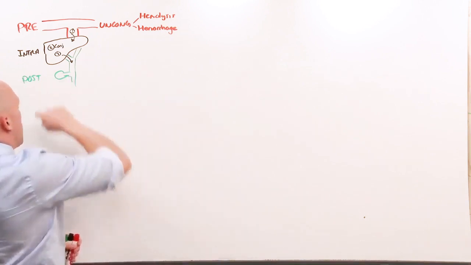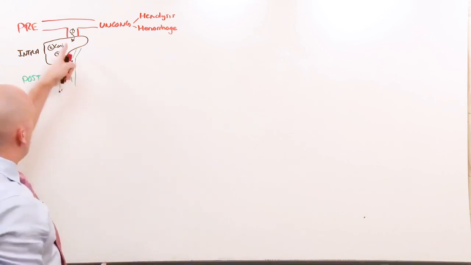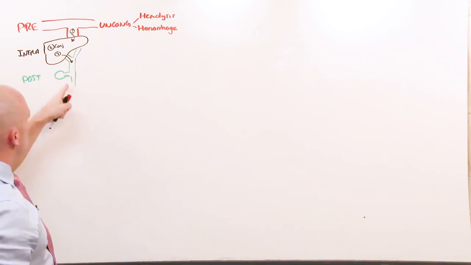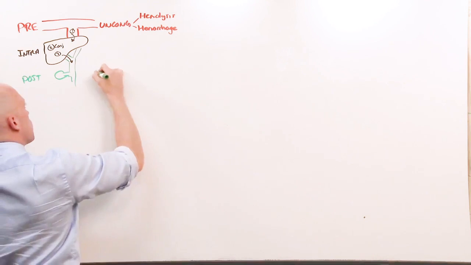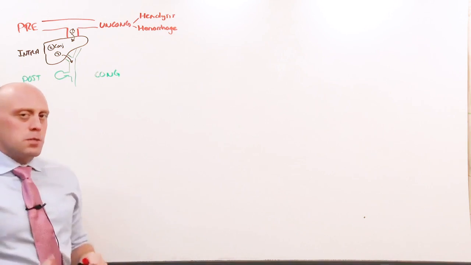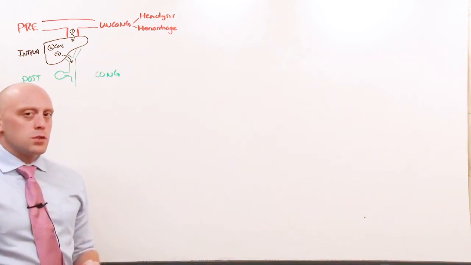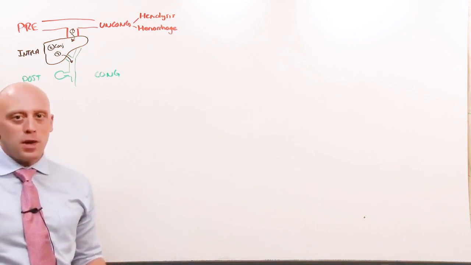On the other hand, posthepatic is usually about obstruction. All of the bilirubin has been conjugated and excreted to the biliary tree. So a post-obstructive jaundice is going to be primarily conjugated. And conjugated bilirubin usually means gallstones and cancer, but kids haven't been alive long enough to develop either.